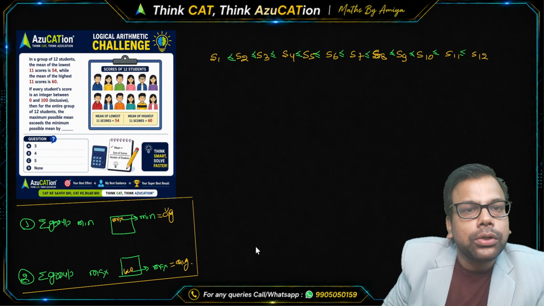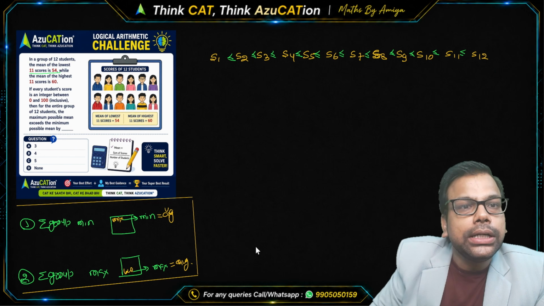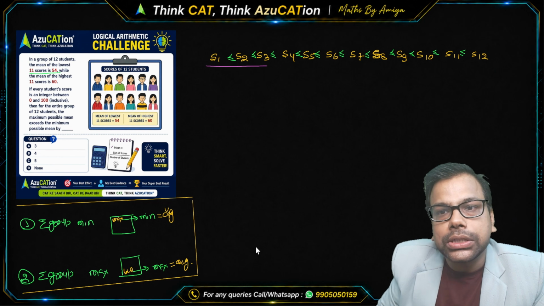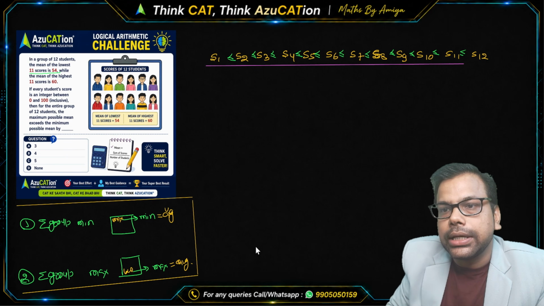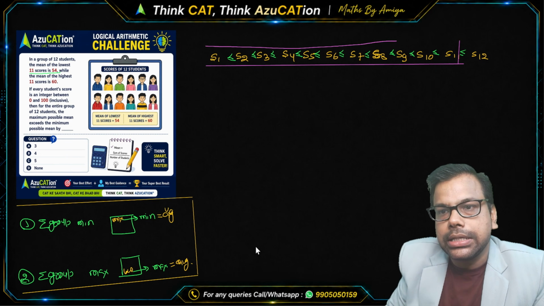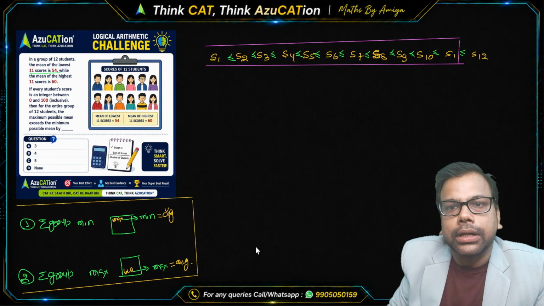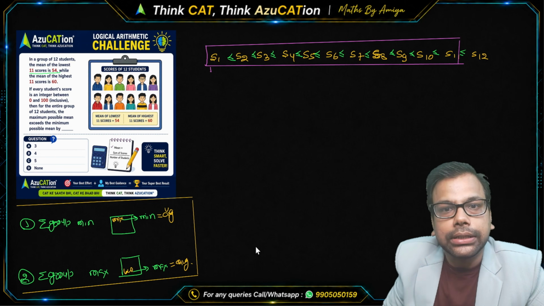What is 11? The lowest 11 scores have an average of 51. So we need to understand the average of S1 to S11. This average, say up to here, is given as 54.